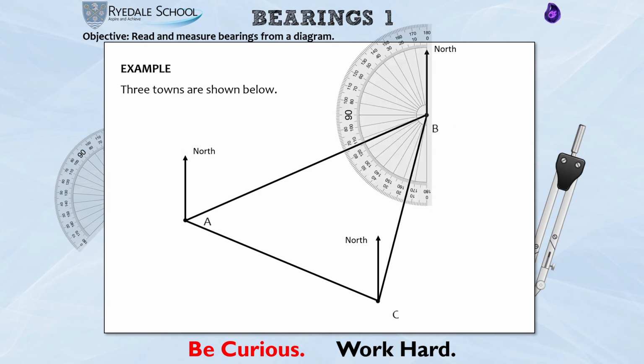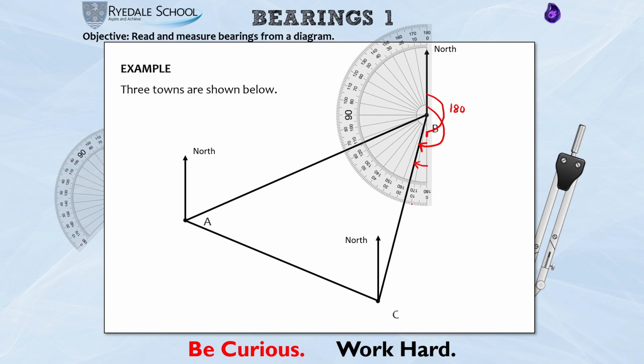I'm going to put my protractor the other side of the north line, because I already know that all of this to that point there is 180, and I want the angle all the way round to there. So there's two ways, like I say. You could measure this angle here and subtract it from 360, but what I'm going to do is measure this extra bit and add it on to 180 degrees.